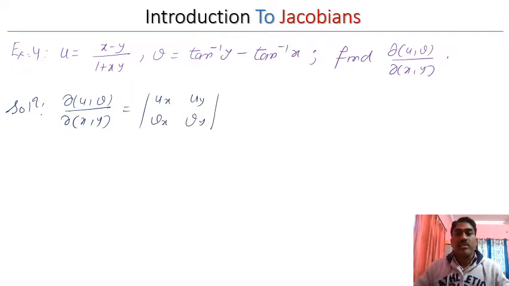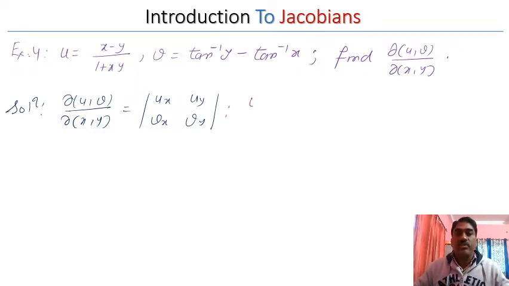Now partial derivatives of v are easy to find, but the partial derivative of u will take some space. So we will calculate it separately. So let us calculate it.